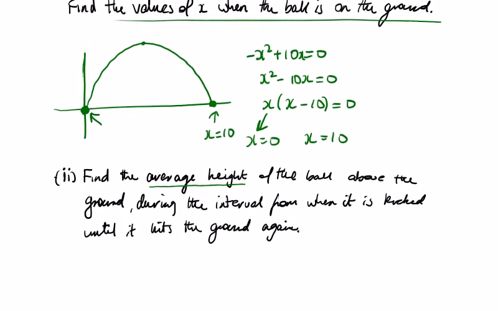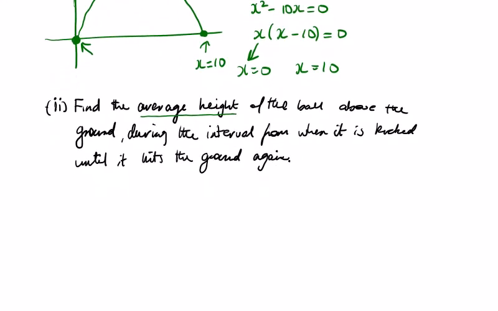Quite a long time. The average height of the ball, well, the average height is integration. So the integral of minus x squared plus 10x between my values of 10 and 0, and the average is 1 over b minus a, or 1 over 10 to get the average.